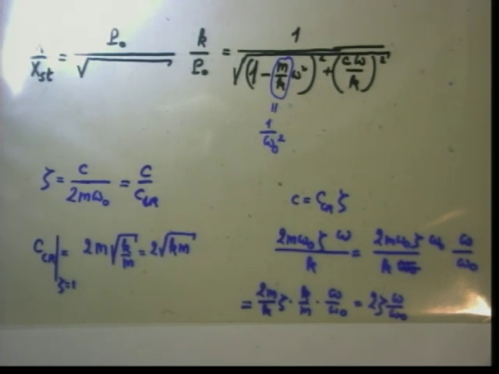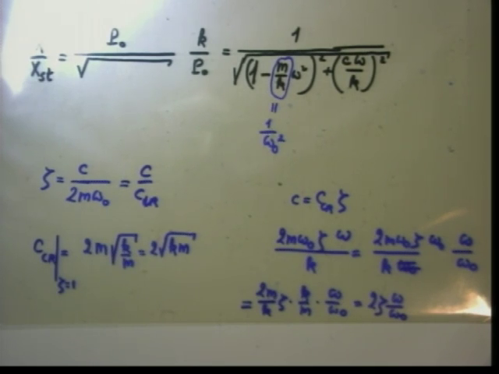Omega over omega 0, k. So I now want to have this omega over omega sub 0 also here. So then this equals 2m omega 0 squared, where omega 0 squared is k over m, times zeta over k, omega over omega 0.